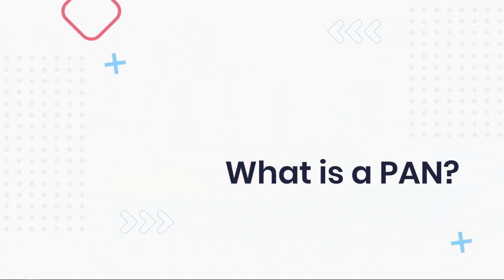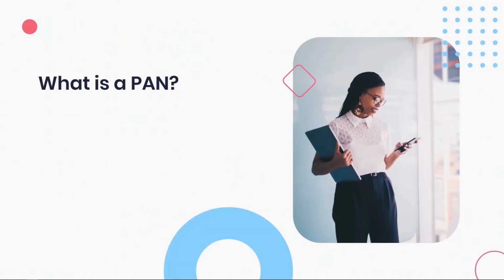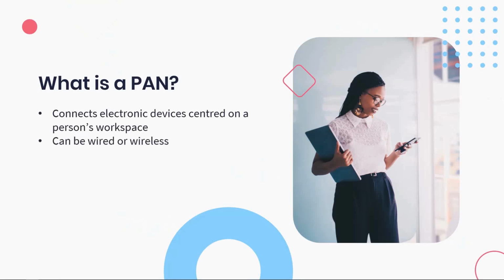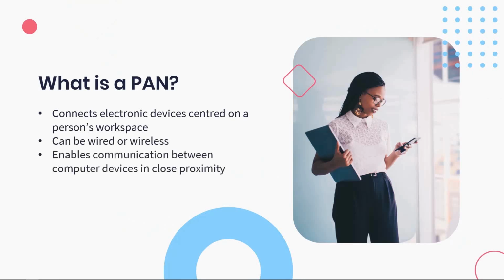Unlike LANs and WANs and private networks, personal area networks, PANs, exist in a limited network, such as a house. A personal area network, PAN, connects electronic devices centered on an individual person's workspace. This type of network can be wired or wireless, and it enables communication between computer devices in close proximity.